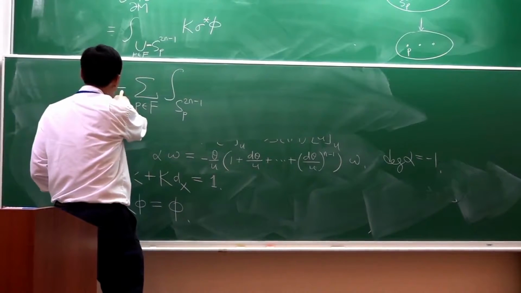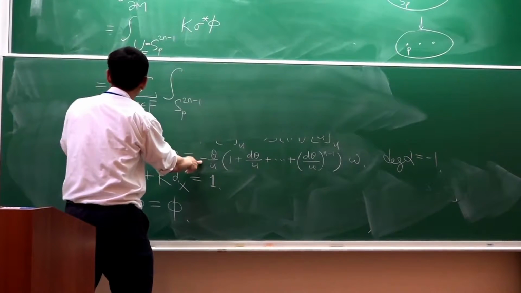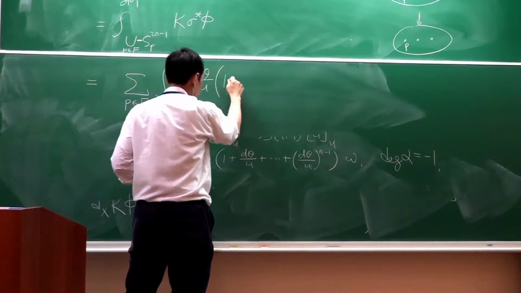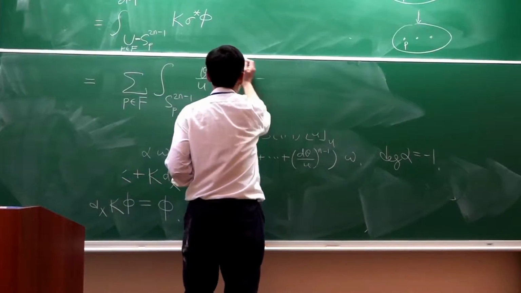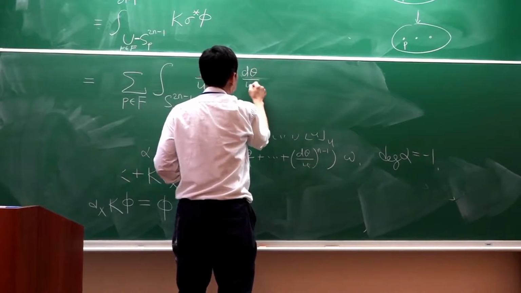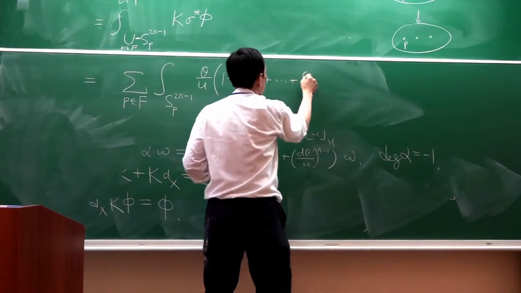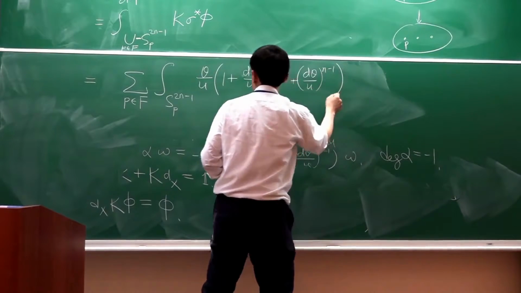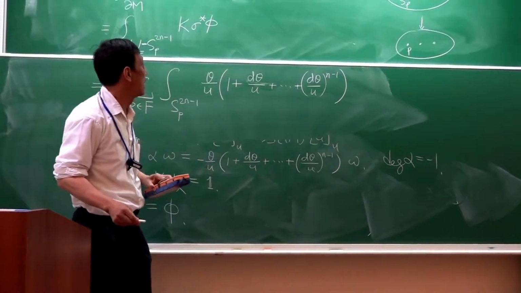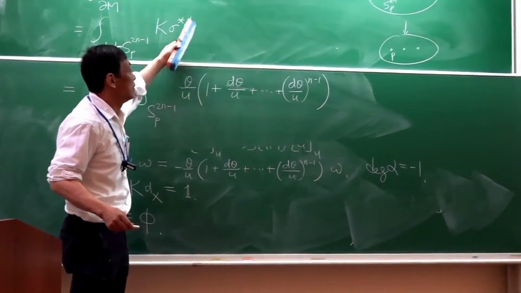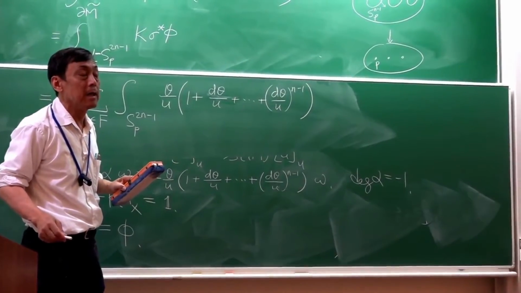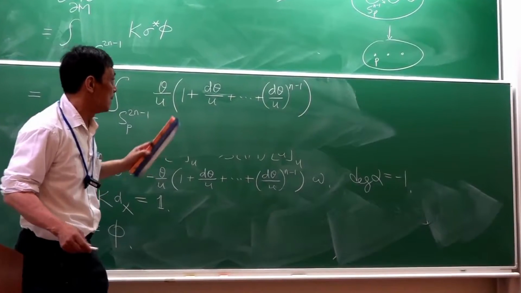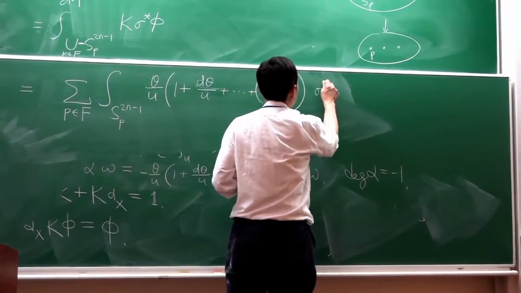There's a minus sign, so that minus sign is going to cancel out this minus sign. You get theta over u times 1 plus d theta over u. So that's k. And then sigma star of phi. Let's leave it as sigma star of phi.